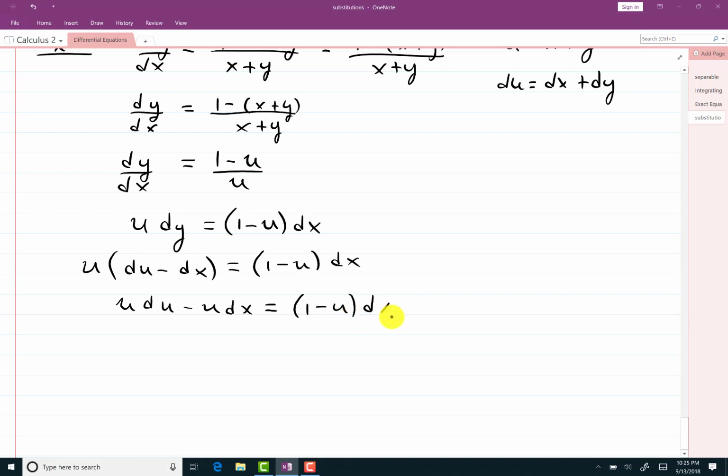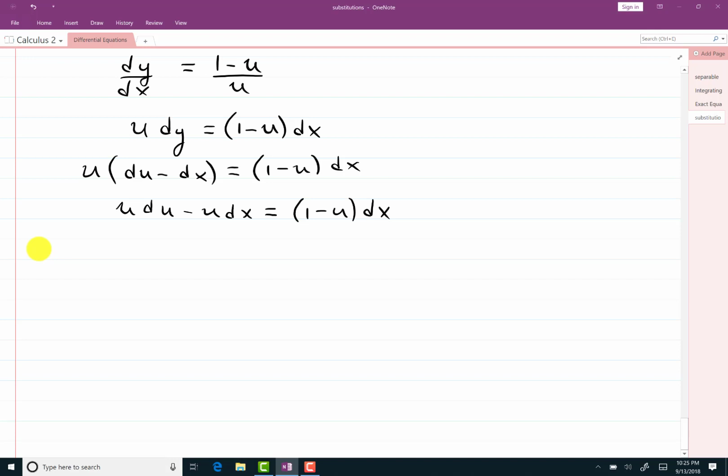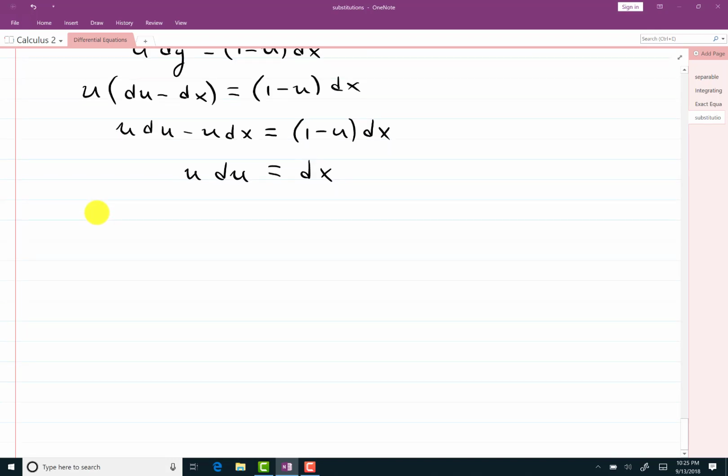Well, this gets very easy real fast. At this stage, I see that if I add u dx to both sides, I'm actually going to cancel those away, and I'll be left with just dx on the right side, and on the left side I'll have u du. Well, now we can just integrate. And I get u squared over 2 equals x plus a constant.